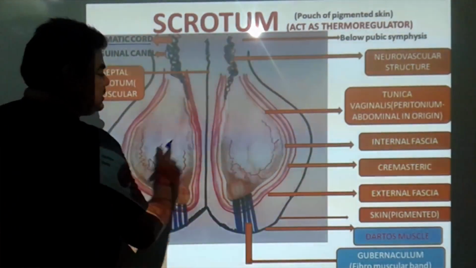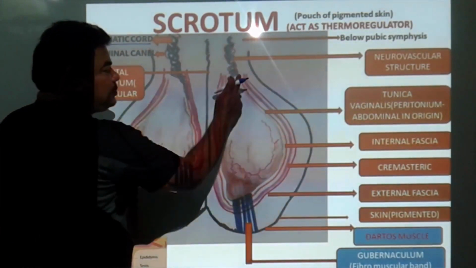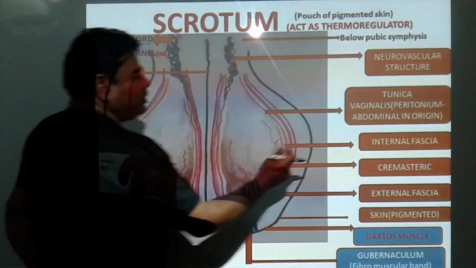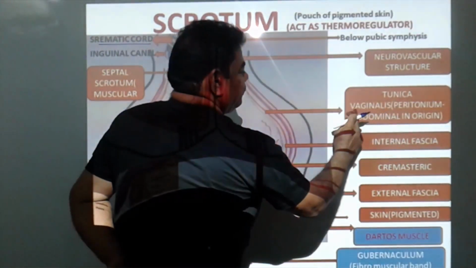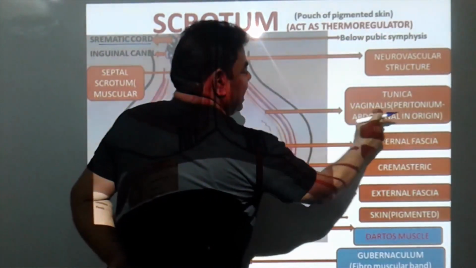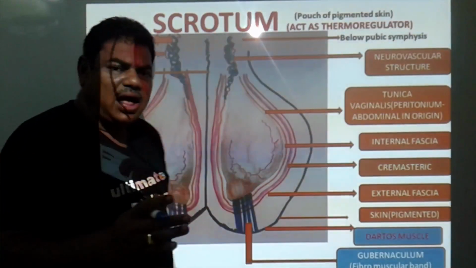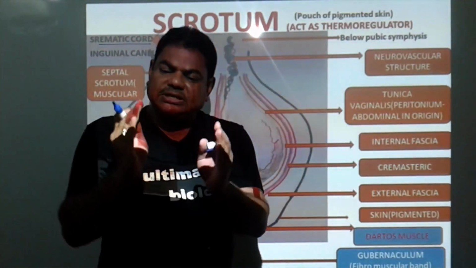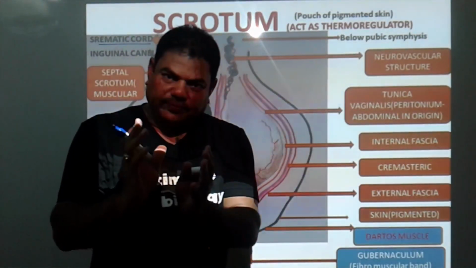Now see here, these are the two testes, and each consists of a wall that we call the tunica vaginalis. Tunica means a protective coat.